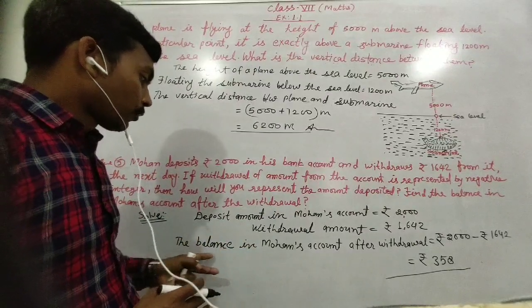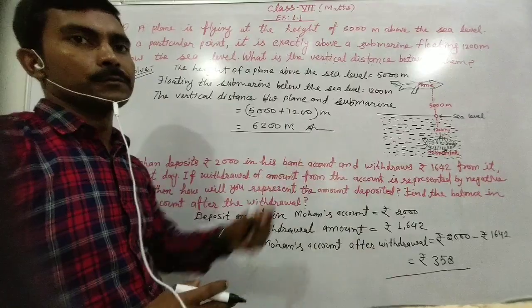So therefore the balance in Mohan's account after withdrawal is this.